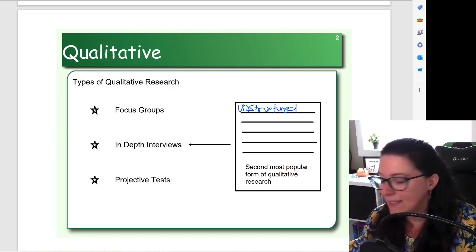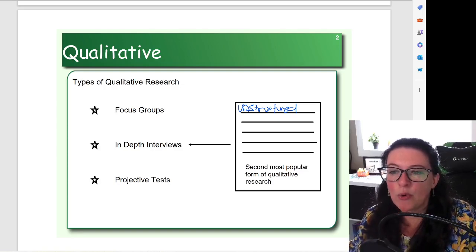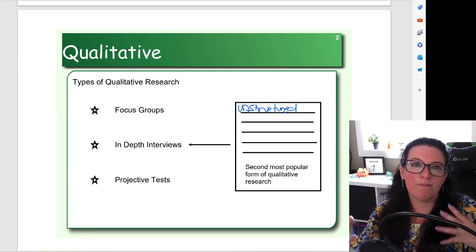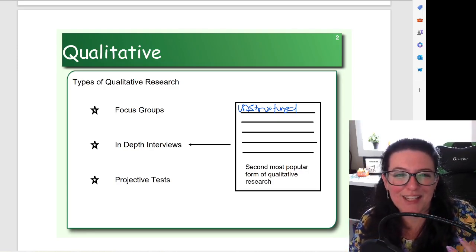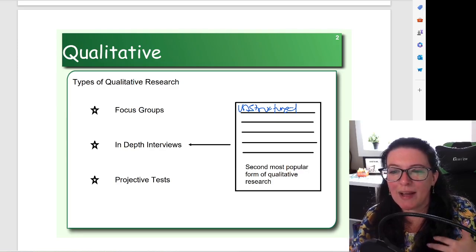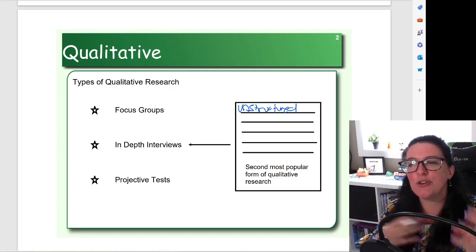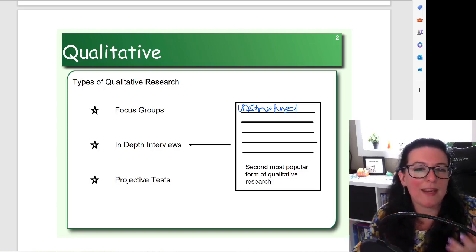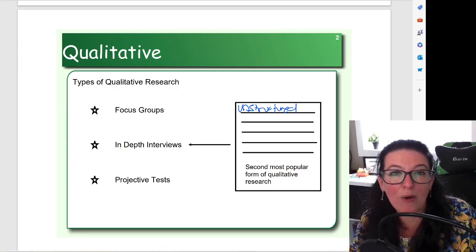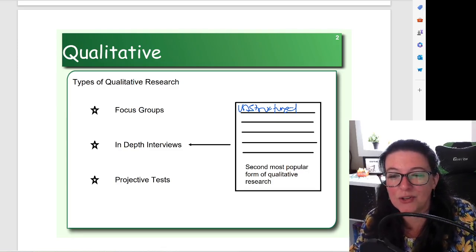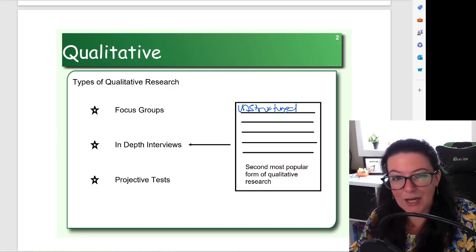And in an in-depth interview, your guidance would be even more general rather than a discussion guide with specific questions. You might just have general topics. And so it is a lot more unstructured. You go with what the interviewee wants to talk about relative to the topic or the reason that you're doing the research.